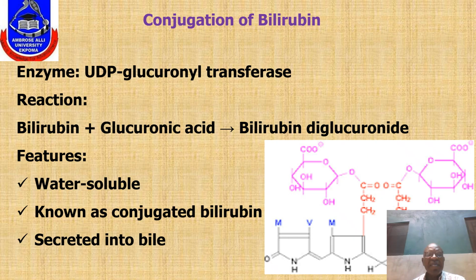That enzyme attaches glucuronic acid to bilirubin. It attaches 2 molecules of glucuronic acid to bilirubin. And when that is done, bilirubin becomes water soluble and secreted into the bile, from where it is excreted by the kidney.